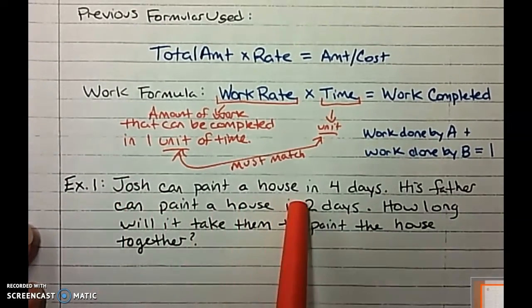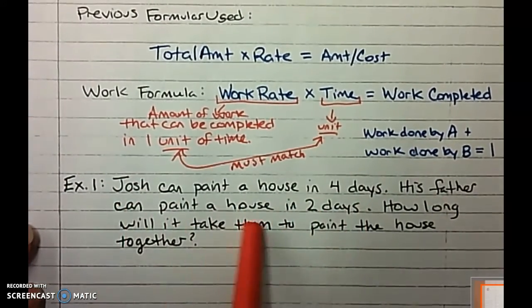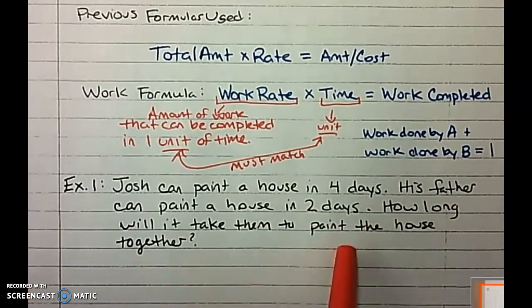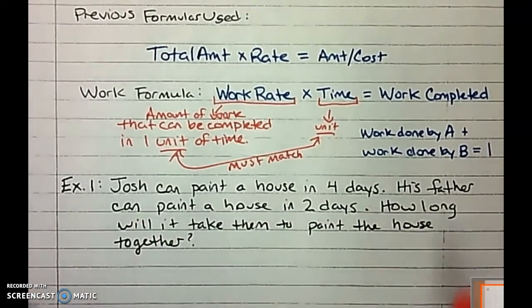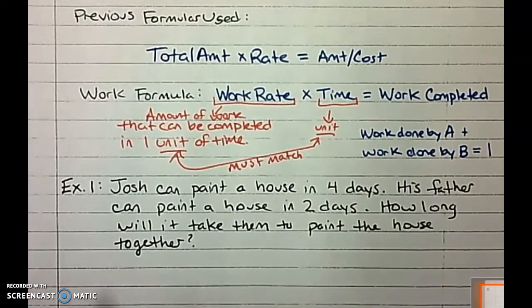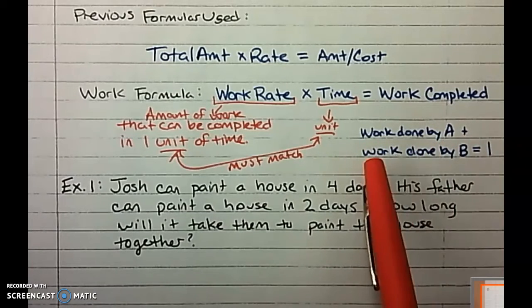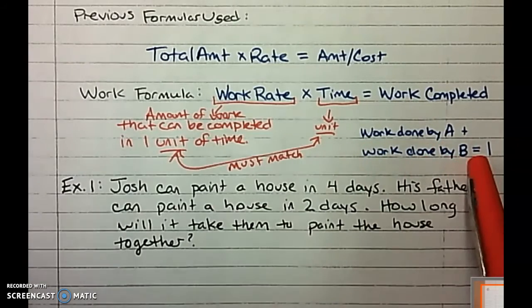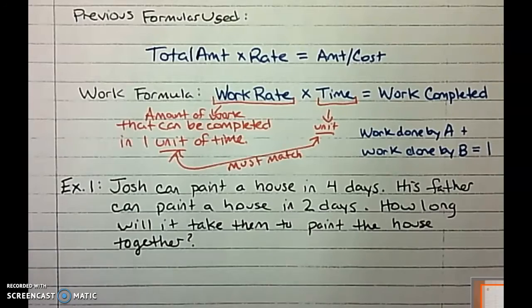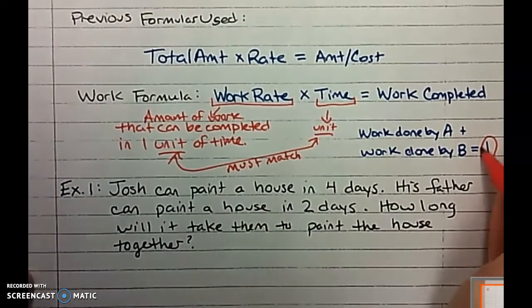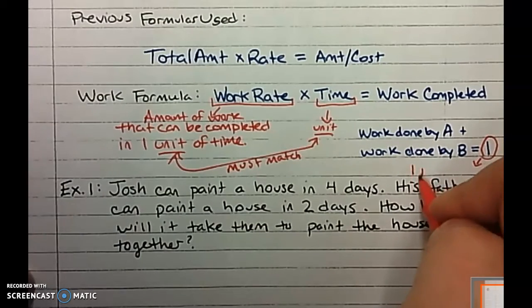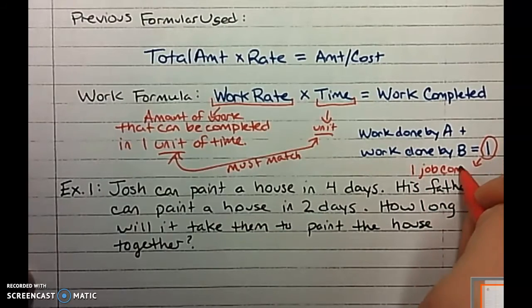It says, Josh can paint a house in 4 days. His father can paint a house in 2 days. How long will it take them to paint the house together? So, once we have our table set up and we're trying to write our equation, it's going to be the amount of work that Josh does plus the amount of work that his dad does equals 1. And that 1 should make sense now because when they work together, they've completed and painted 1 house. So this 1 symbolizes 1 job completed.